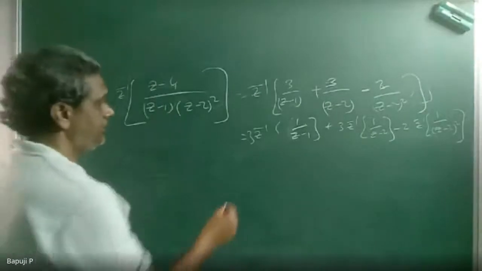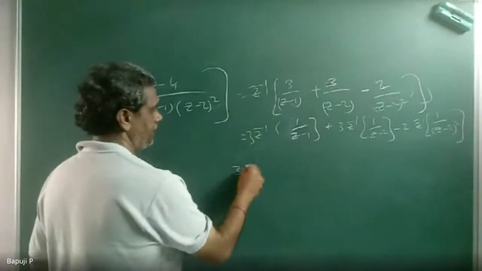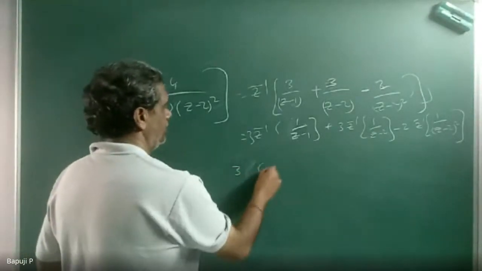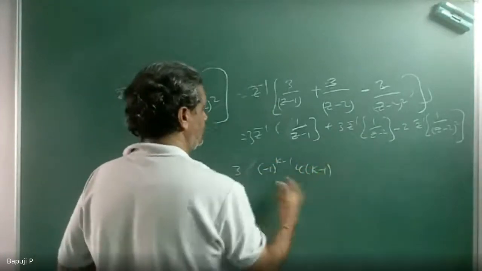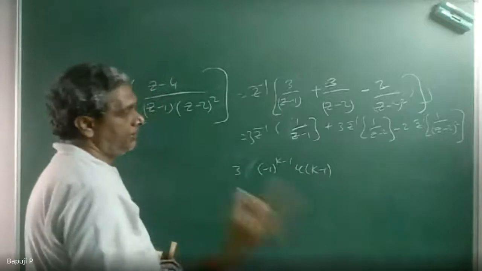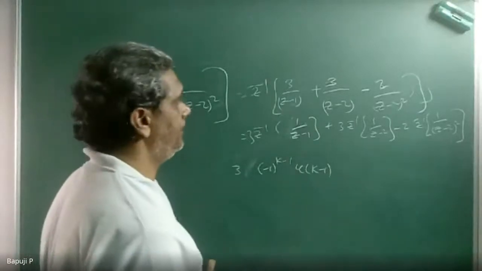So what you will get, this is B into 2 to the power of k minus 1. If you want, write it as 2 to the power of k minus 1. So this is valid for k greater than or equal to 1 only.